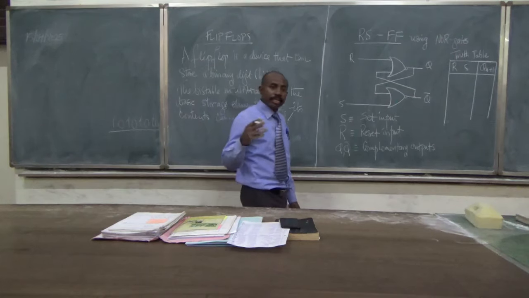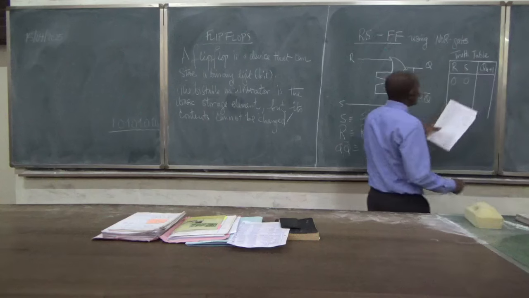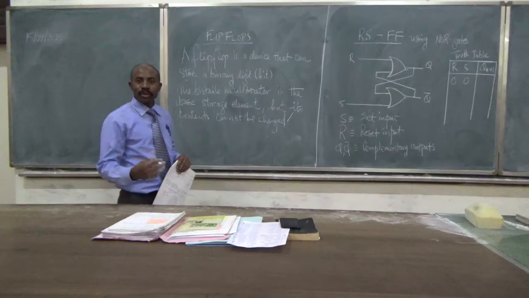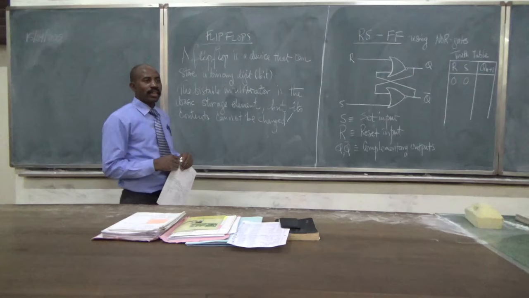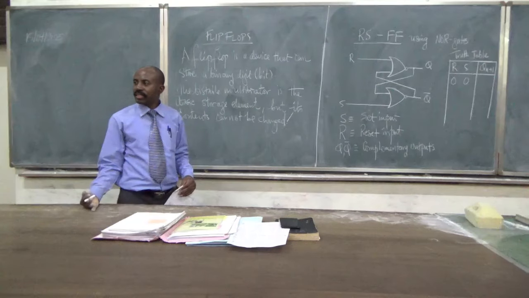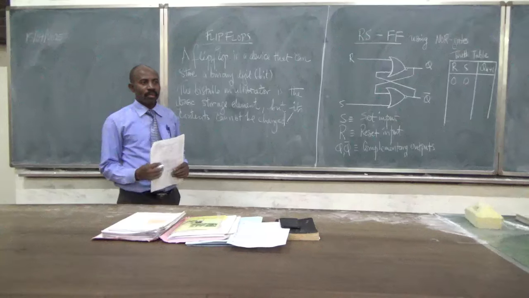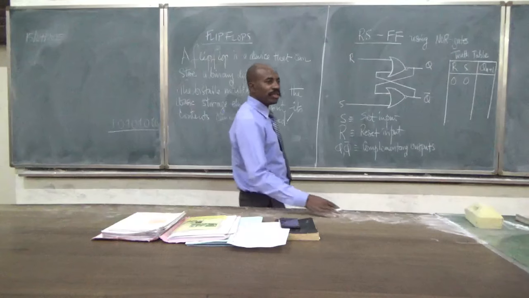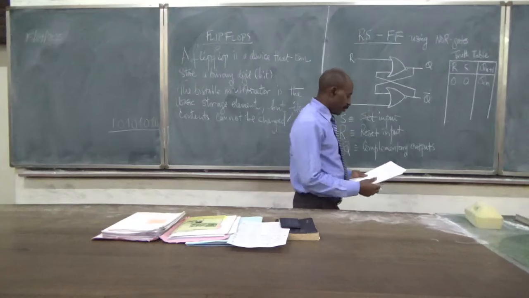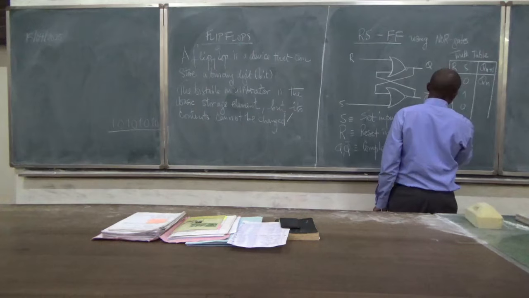So if set and reset are zero, what would we expect in the output? The Qn plus 1 is like the next state. You haven't reset, you haven't set, what would you get? There is no next state, we just have the Q. And then we go on with our 0, 0, 0, 0, 1, 1, 0, and then 1.